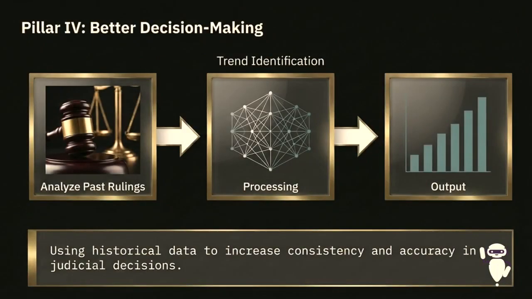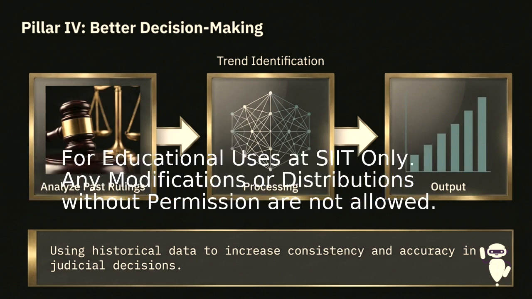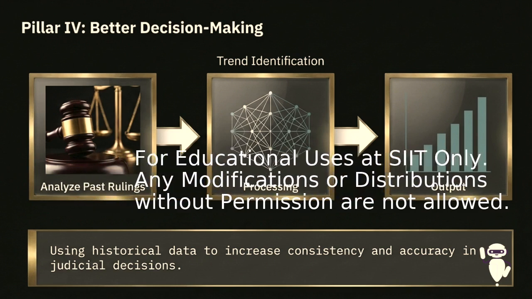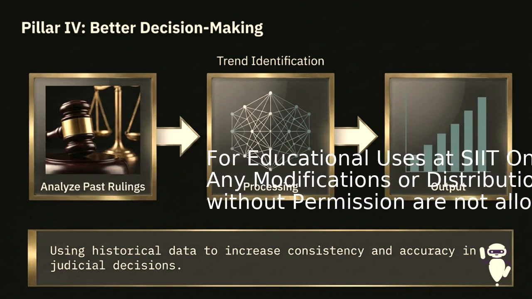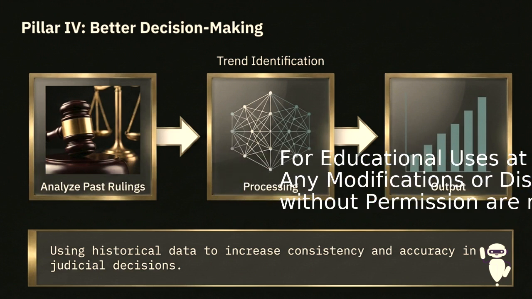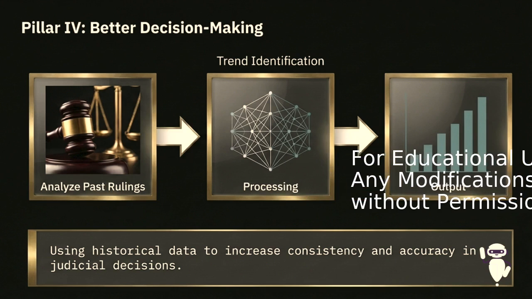And the next one is better decision making, because we have data-driven insights. An AI system can analyze data and provide valuable insight and strategy guidance for legal personnel or the judge in order to increase consistency and accuracy. Imagine that court decisions change over time. If the cases are quite the same, but the court decisions vary, so where is the consistency, right?